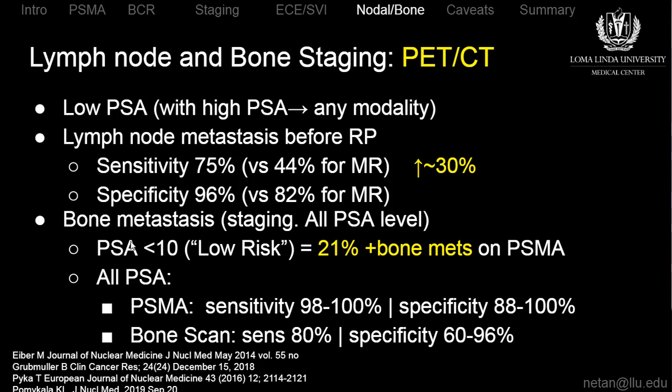And thus, there is potential role for PSMA PET-CT. It's unclear at this point if MRI adds any value for evaluating lymph node and small bone metastases for patients with suspicion for metastatic prostate cancer.